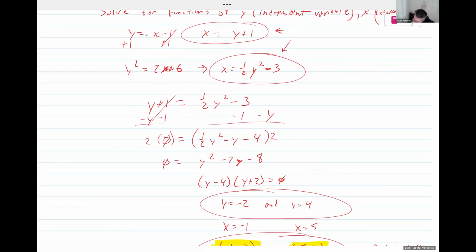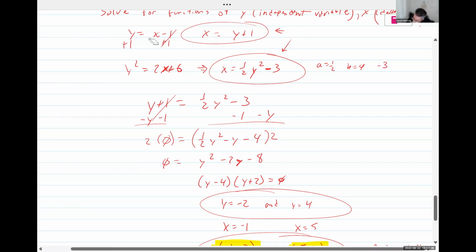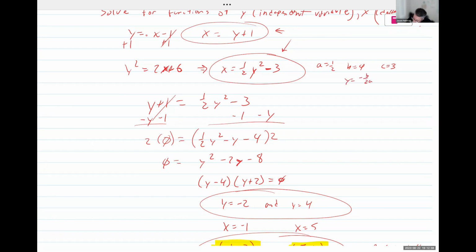A is 1/2, B is 0, and -3 is C. So when B is 0, y is equal to negative B over 2A, that's going to be 0. So y equals 0, and if I plug in 0 for y, I get x equals -3. So my vertex ends up being at -3, 0. That's my vertex.